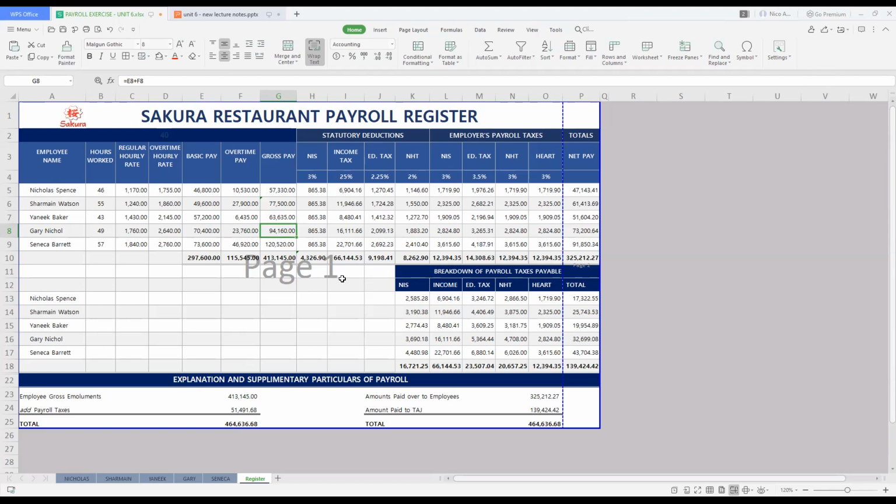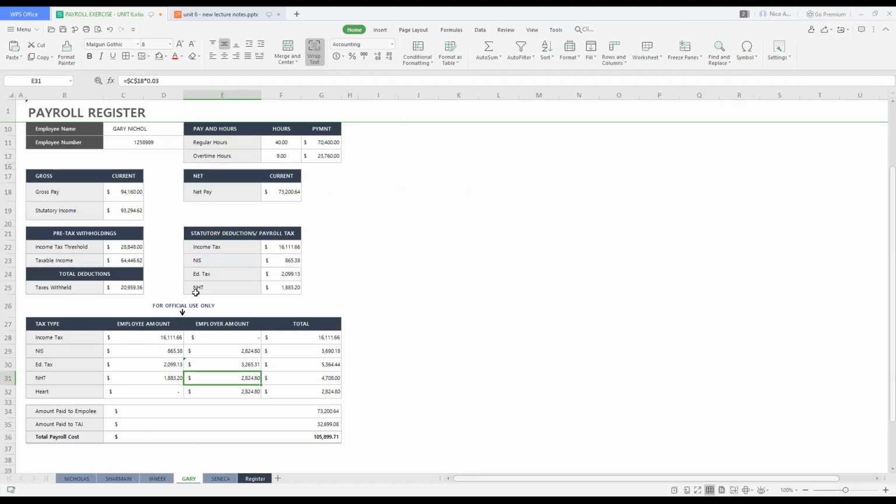Statutory income is gross pay minus NIS minus pension. In this case, Gary is not paying any pension, so we're just going to take away the NIS from it. And we already worked out that the NIS was $865.38. So the 94,160 minus the NIS of $865.38 gives us a statutory income of $93,294.62.